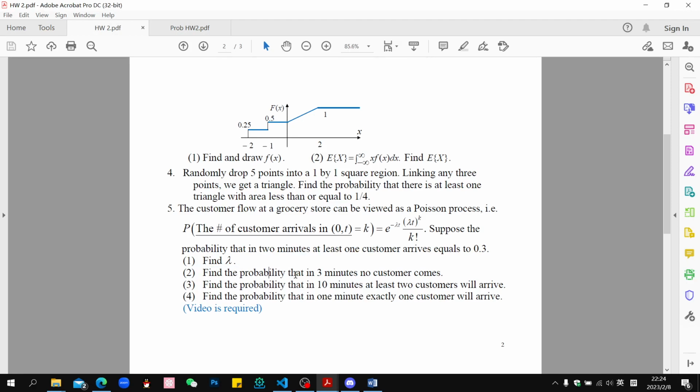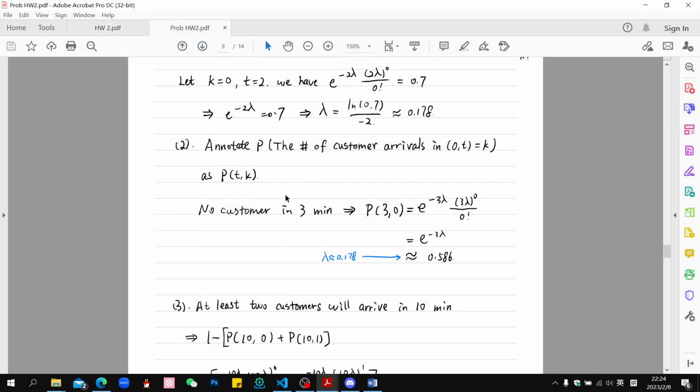Question 2 asks us to find the probability that in 3 minutes no customer comes. Here I have changed the notation: I choose to denote this very long expression, the number of customer arrivals in 0 to t equals k, by a shorter version, p(t,k).